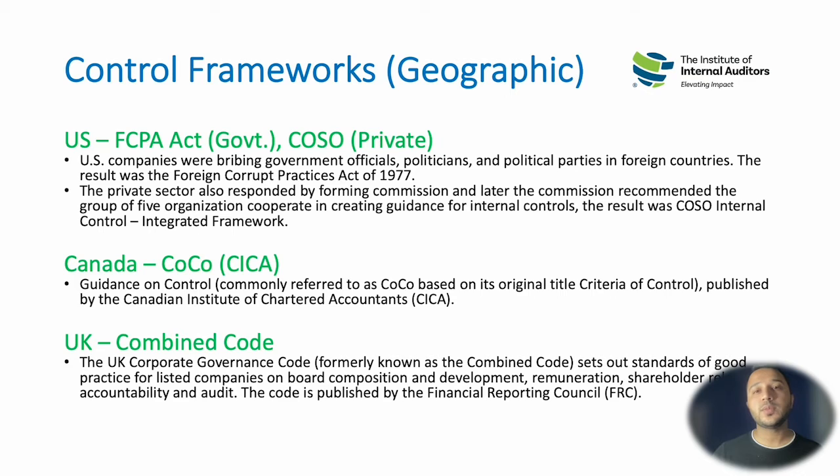But the Combined Code was basically a corporate governance framework, which states how the board has to be composed, how many executive and non-executive directors there should be, that there should be audit committees, internal audit and external audit carried out by the company, controls on the financial reporting side, and what the compensation of the executive management should be and how it can be determined. So these were all the guidelines which were part of the UK Combined Code.